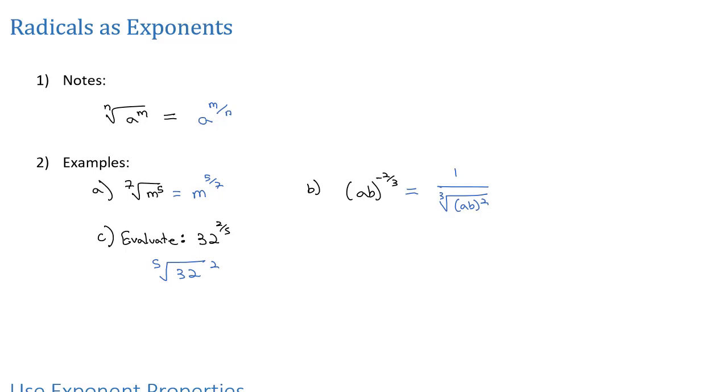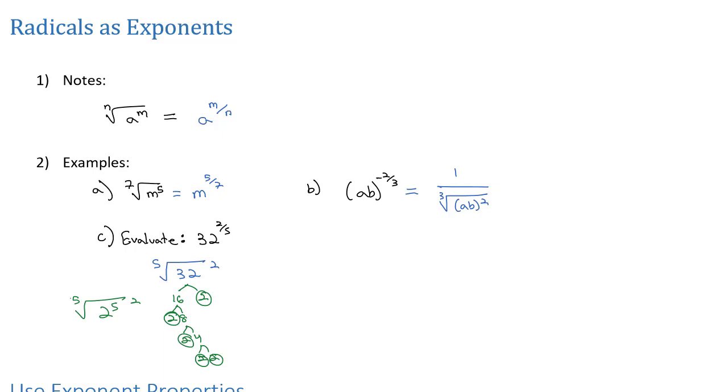Well, before we square it, it's actually going to be easier to do the root first. So we'll factor 32 to 16 times 2. 16 is 2 times 8, and 8 is 2 times 4, and 4 is 2 times 2. So I have 1, 2, 3, 4, 5 2's at the bottom there. So I can rewrite that as the 5th root of 2 to the 5th, and the whole thing is squared.